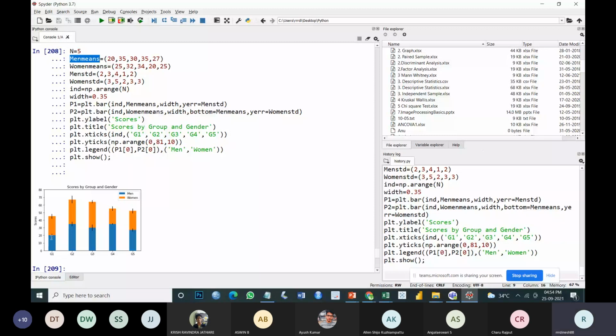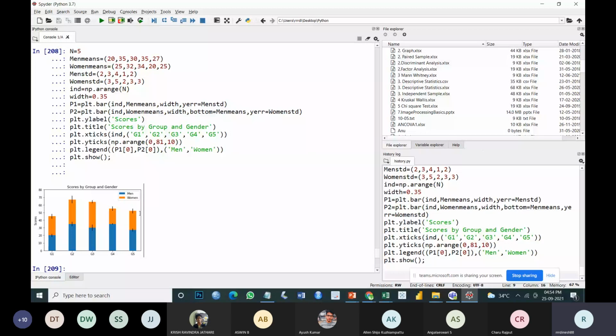Then men standard deviation. The dark black line is the standard deviation: 2, 3, 4, 1, and 2. Women standard deviation: 3, 5, 2, 3, and 3. ind equal to np.arange of n, to arrange the sequence.